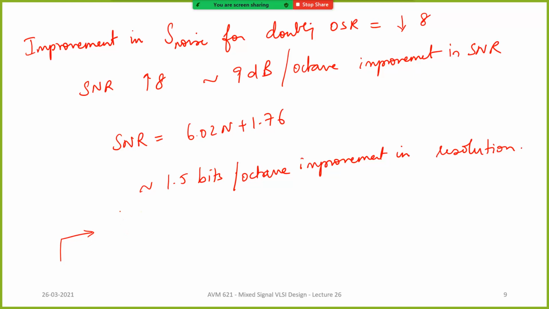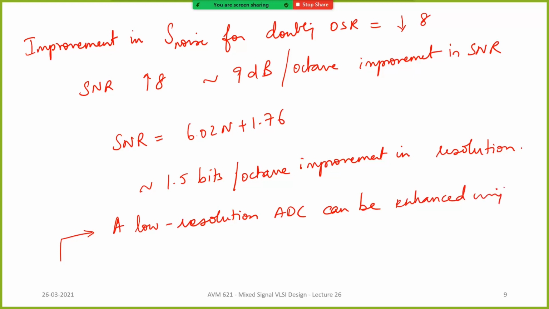Let me summarize and say that a low resolution ADC can be enhanced using delta sigma modulation to provide high resolution. An extreme case is to use a 1-bit ADC.